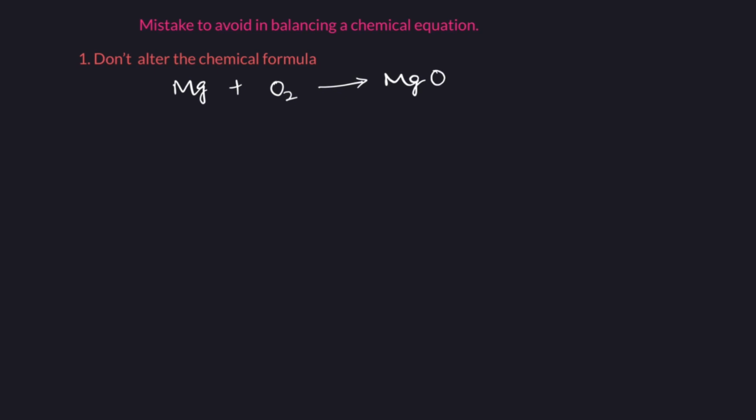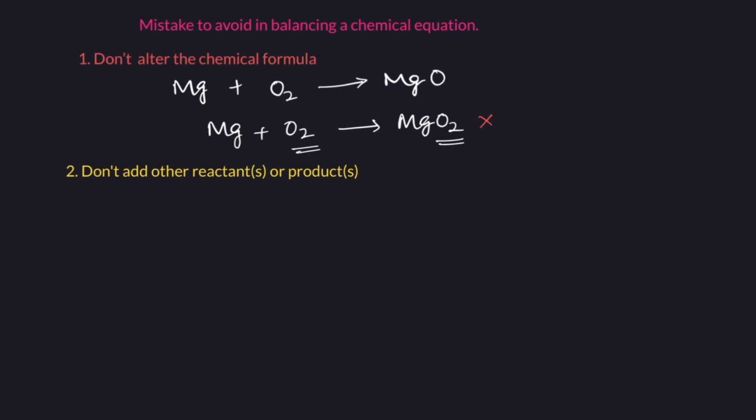Then somebody will do like this, magnesium plus oxygen gives rise to magnesium oxide, but they change the formula. What is the actual magnesium oxide formula? MgO. Now they are writing MgO2 to balance the oxygen, two oxygen, Mg balance like this. That is not acceptable. So this is a wrong representation.